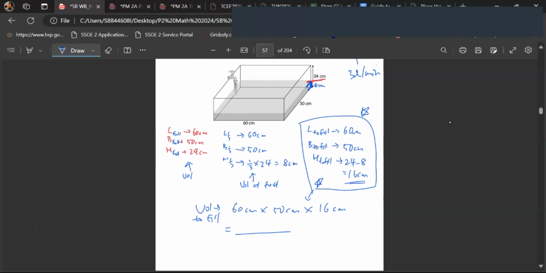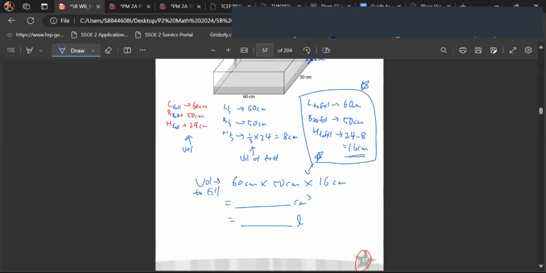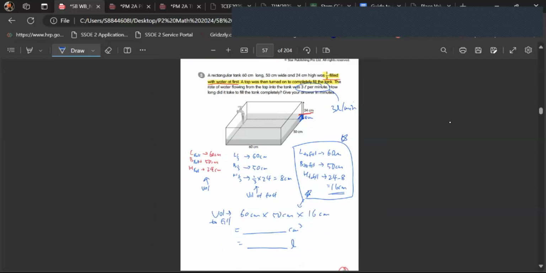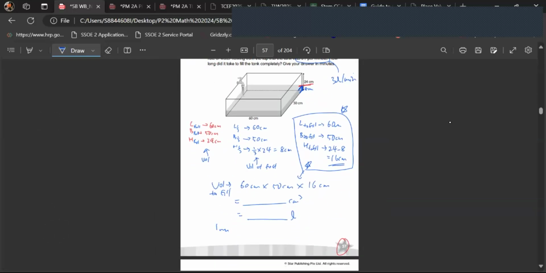Then I find cubic centimeter. Then I convert to how many liter. Then after that, based on the rate of 1 minute is 3 liter, I find how many minutes give me how many liter. Then the answer.